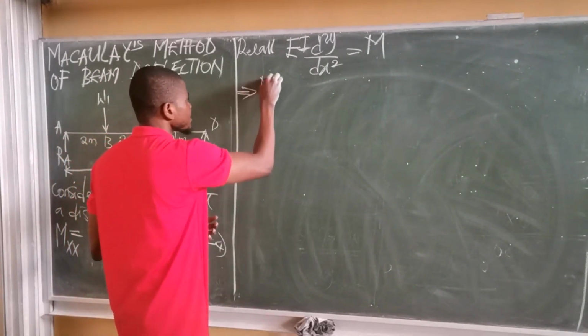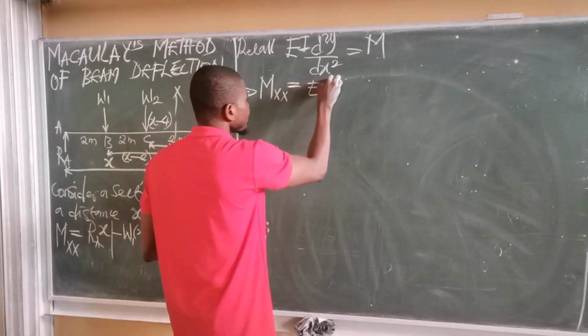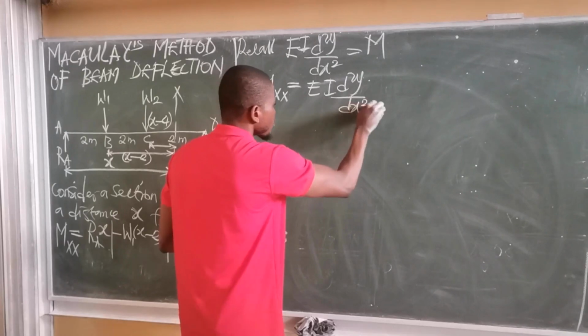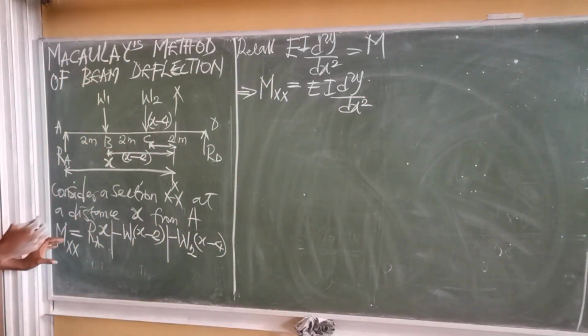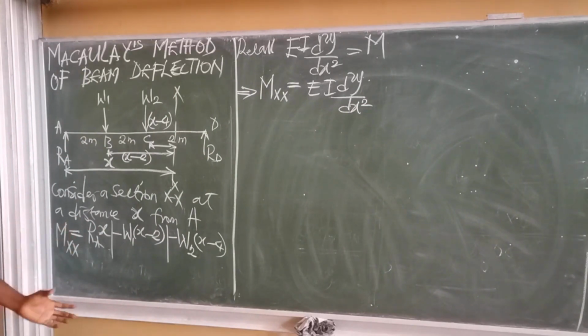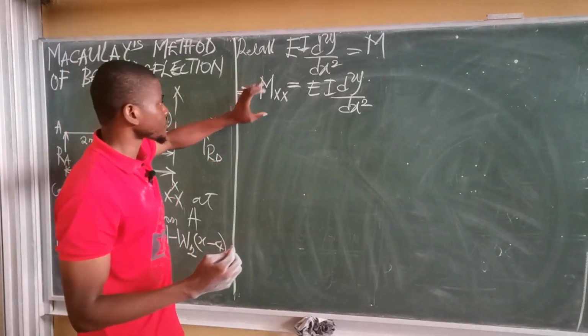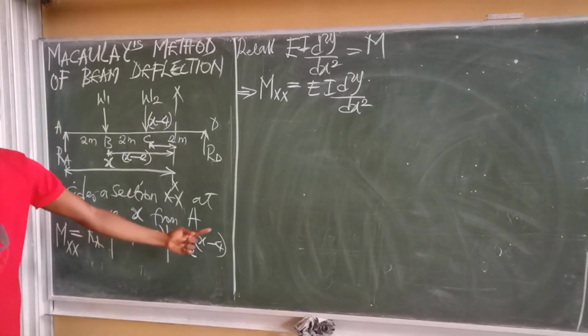It means moment about xx is simply also EI d squared y over dx squared. So this becomes the moment equation. We are going to employ it in place of the moment equation. Remember, Mxx for Macaulay is simply this. So I can replace moment about section xx with this.